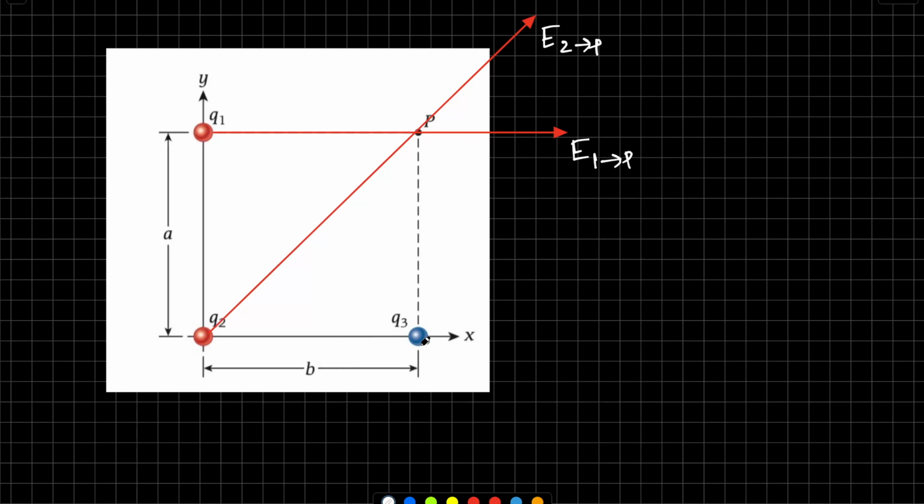Q3 is a negative charge, right? So the electric field vector should be pointing towards the charge, just like this.